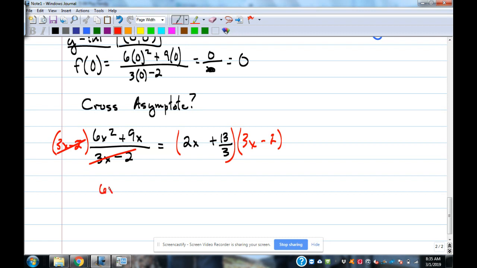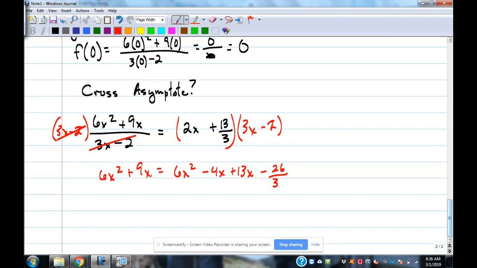So there's 6x squared plus 9x is equal to, and I'll multiply that out, 6x squared minus 4x plus 13x minus 26 over 3. Multiply that out, simplify, we get 6x squared plus 9x minus 26 over 3.